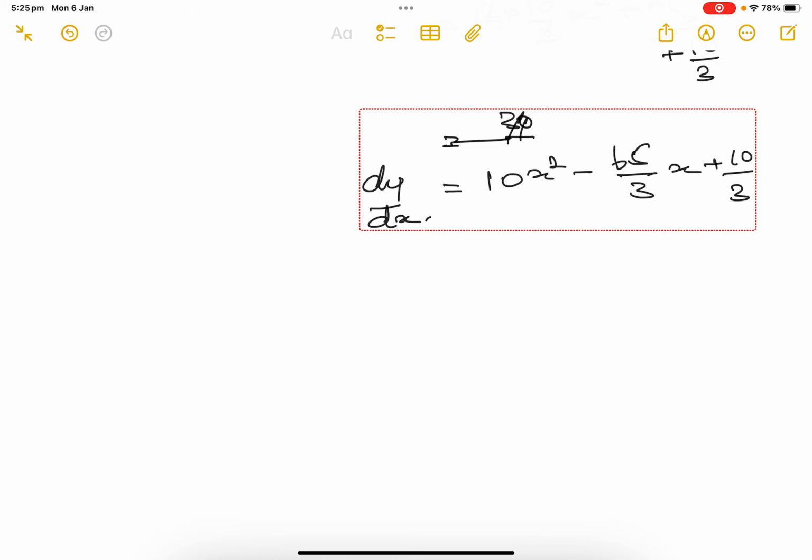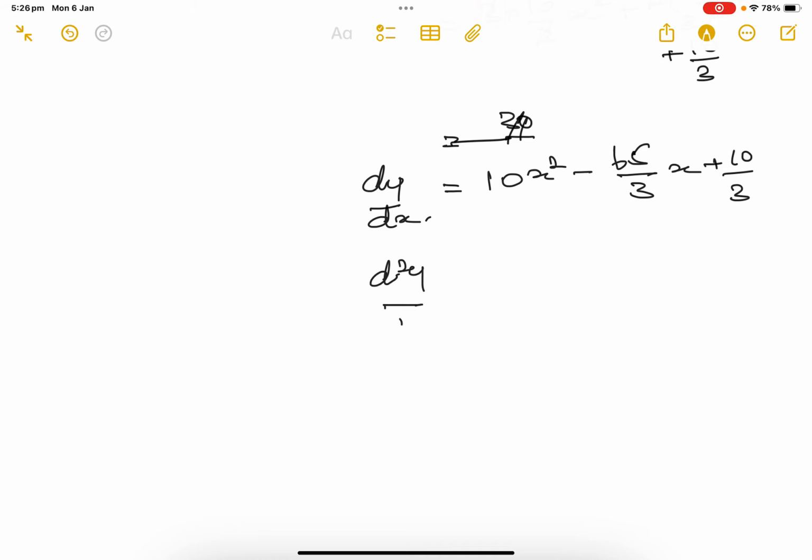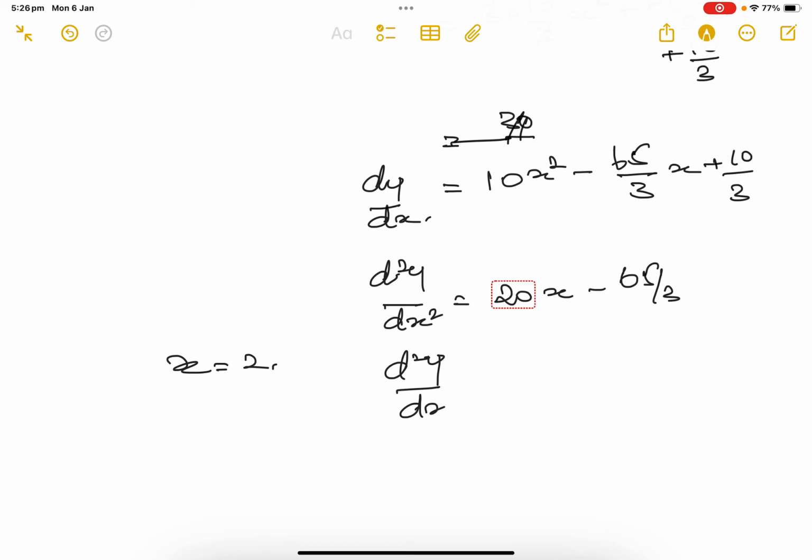Let's differentiate again in order to decide whether the turning point is a maximum or minimum. d2y over dx squared equals 20x minus 65 over 3. But at the turning point, x equals 2. So we can substitute x equals 2 into d2y over dx squared. That would be 40 minus 65 over 3.